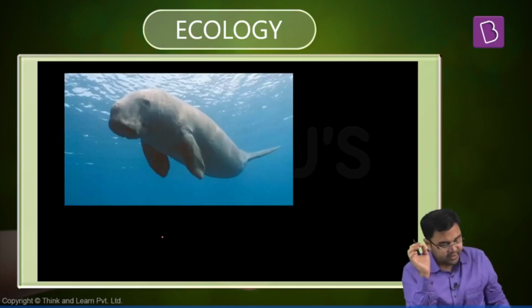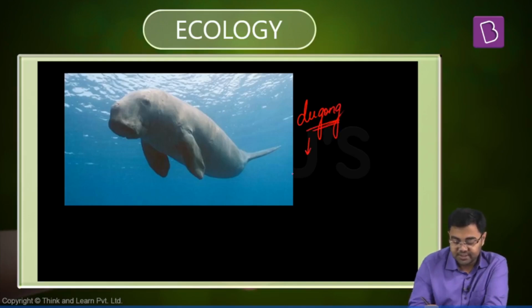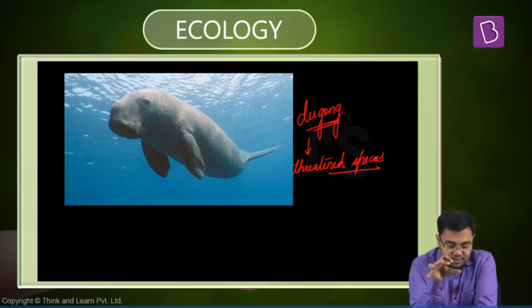Now, if I take an example, this is known as a dugong. Now, dugong is a threatened species. And why? You have to ask this, because of its niche. Dugong has a very specialized niche.